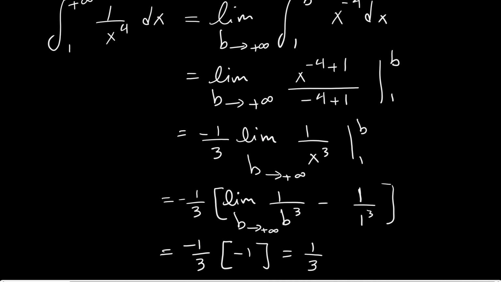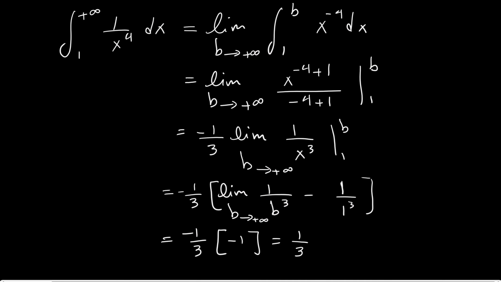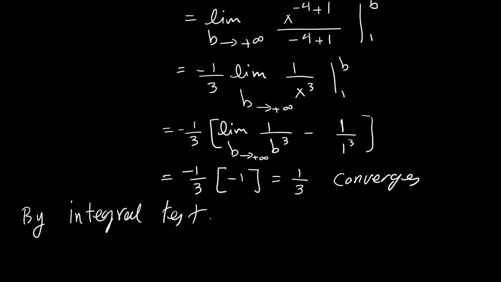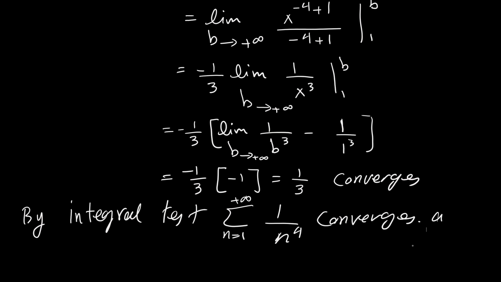As you see, the integral converges to 1/3, and by the integral test, because this one converges, I can conclude that sigma 1 over n to power 4 from 1 to positive infinity converges as well.